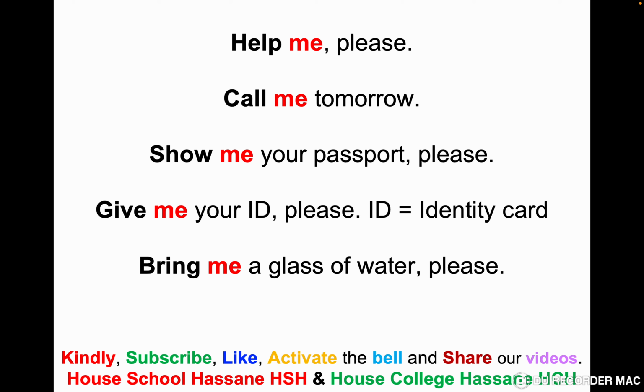ID means identity card. And the last example, bring me a glass of water, please. As you see from these examples, we have verbs, and the word that comes after these verbs is just me. It refers to I, but we cannot say help I, call I, show I, give I, bring I. No, because I always comes before the verb.